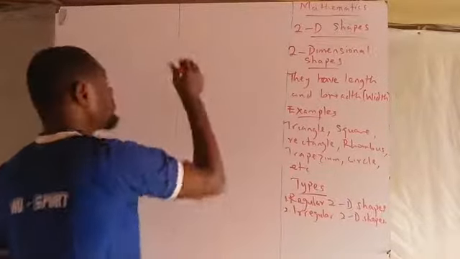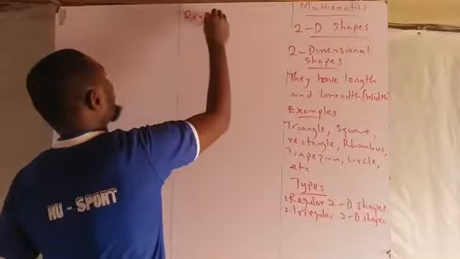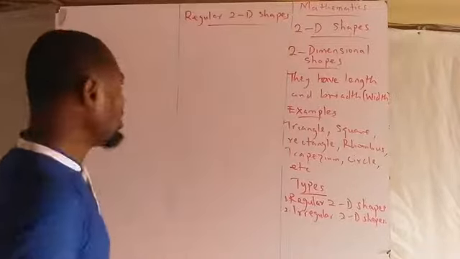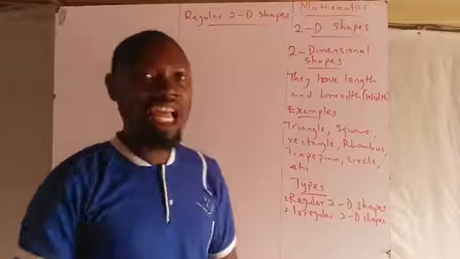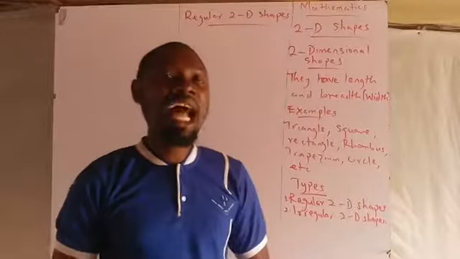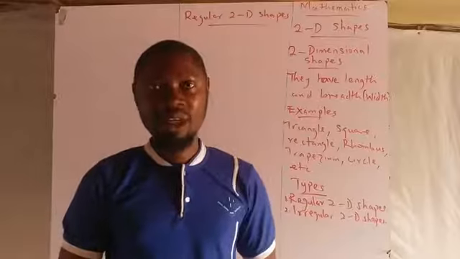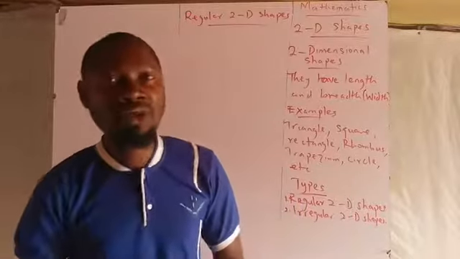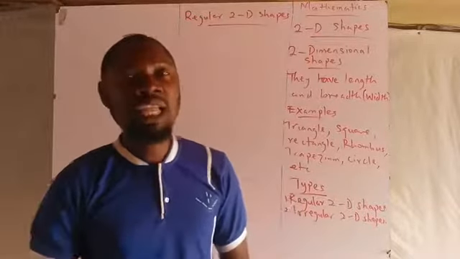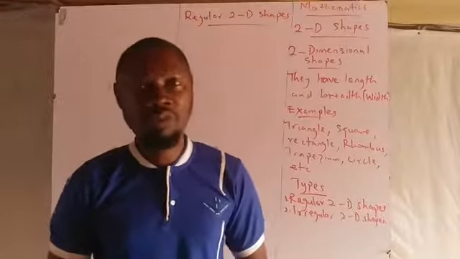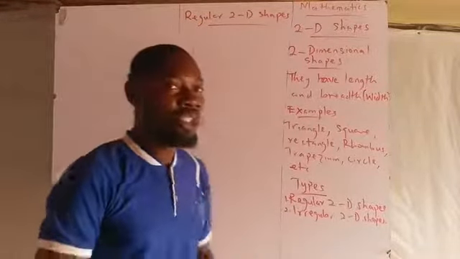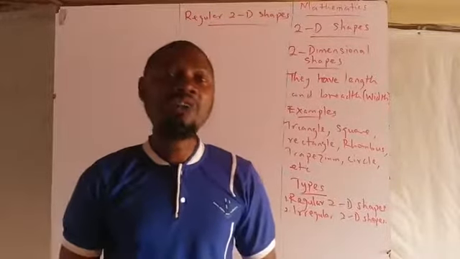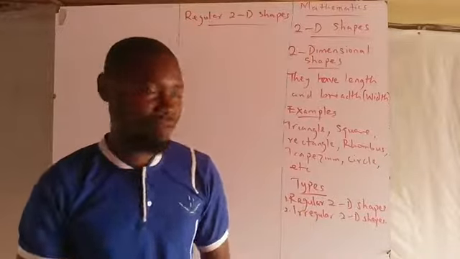Good. Let us consider regular 2D shapes. Regular two-dimensional shapes are shapes or polygons that have all their sides equal.